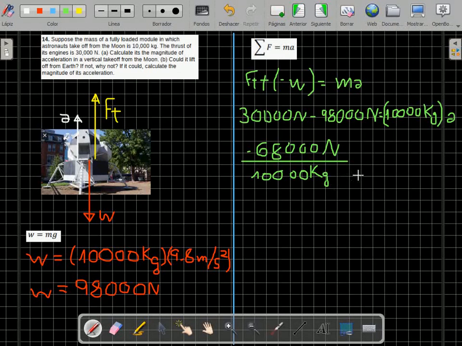Nevertheless, I can replace that newton by a kilogram times meters per squared second, and there I will see the meters per squared seconds that I need.